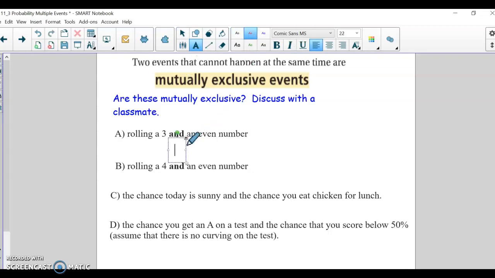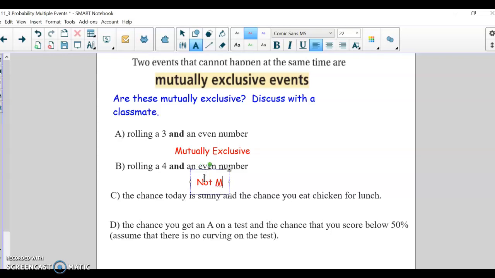Maybe to make sense of this, pause and say, are these events mutually exclusive, yes or no? Rolling a 3 and an even number: 3 is not even, so these can't happen together. So this is mutually exclusive because they cannot happen together. A 4 and an even number is not mutually exclusive because they can happen together.